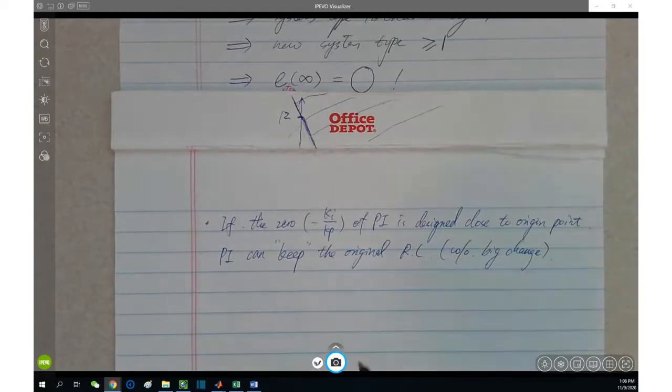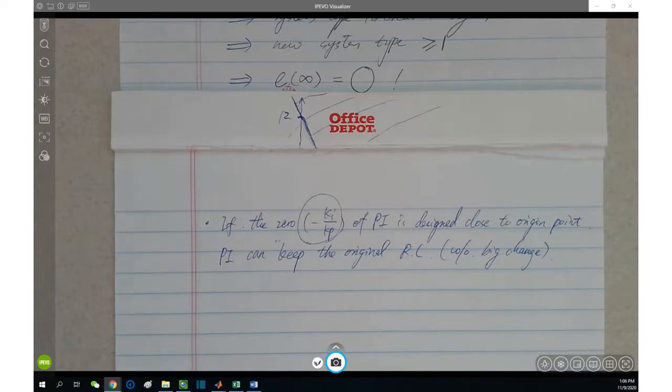Is it clear? So if you design the PI controller's zero close to the origin point, which is 0, then your PI controller won't change the original locus a lot. Basically, it keeps it.